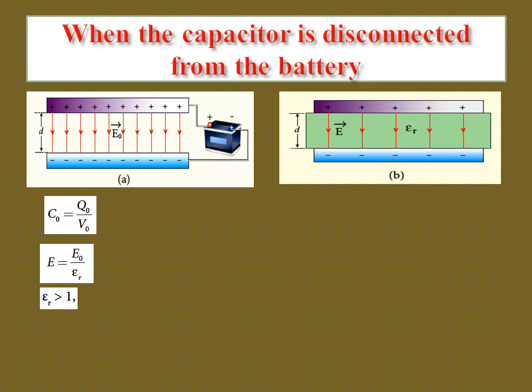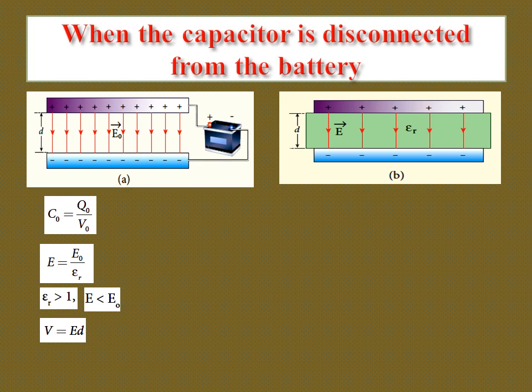Now since this epsilon r is greater than 1, the electric field E will be less than E0. So as a result, what happens? The electrostatic potential difference between the plates, that is V equal to E d, also gets reduced.